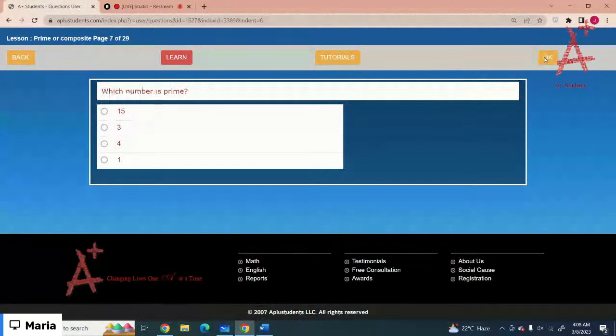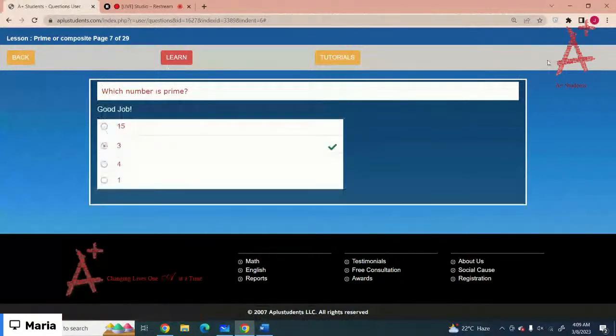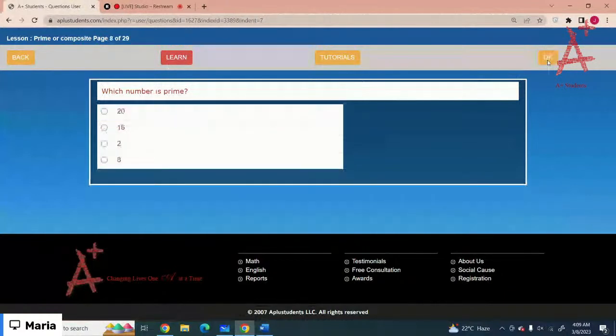Which is prime? 15, 3, 4 and 1. 3 is the prime number. Got it? Yes, very good. Okay, which number is prime? 20, 16, 2 and 8.